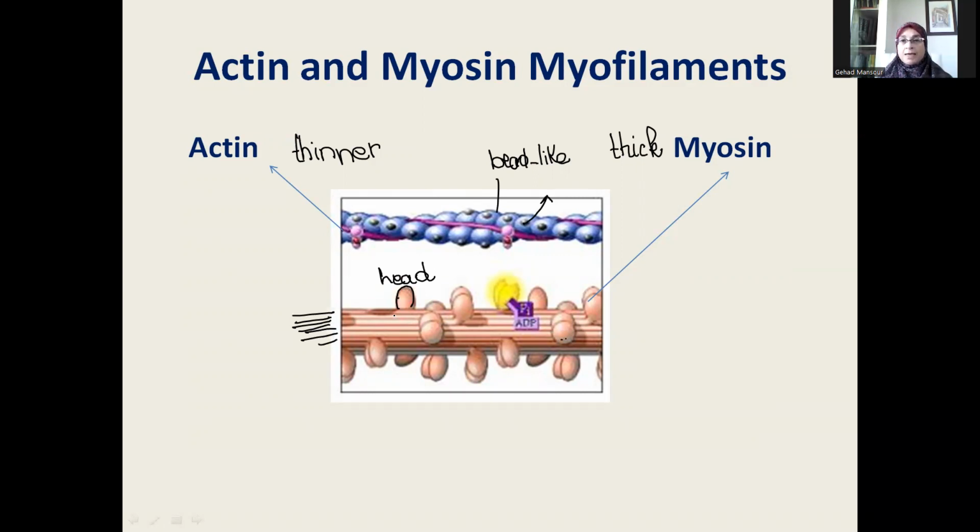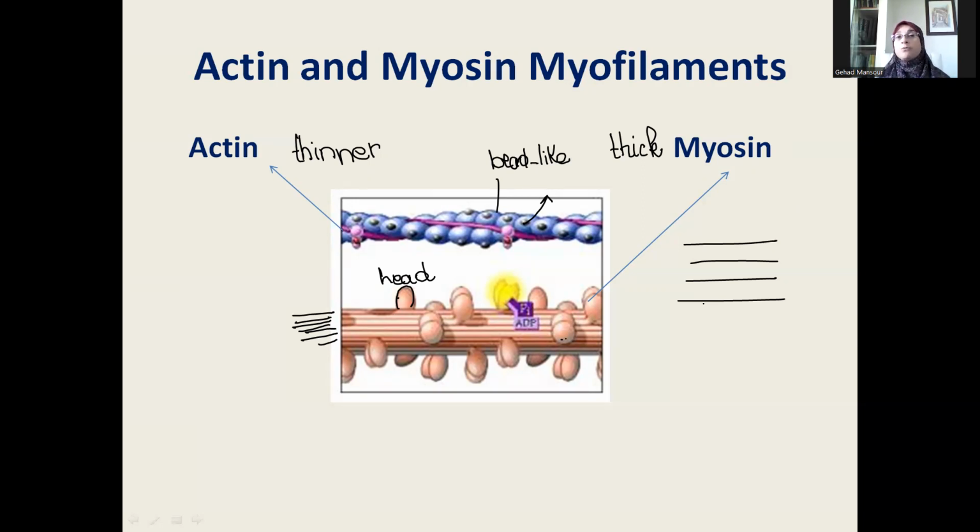So actin and myosin are both protein filaments that lie, that's why the title is actin and myosin filaments. And as you know, they lie inside the sarcoplasm of the myofiber. And they are arranged in a parallel regular way, as we will see on the next slide.